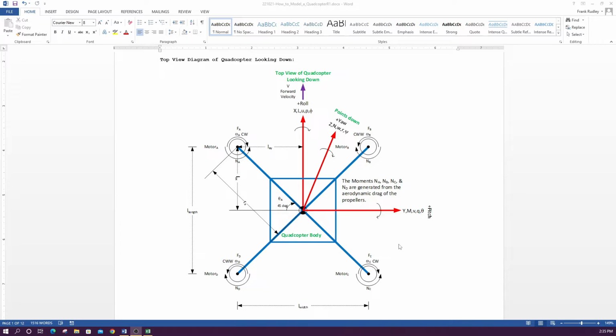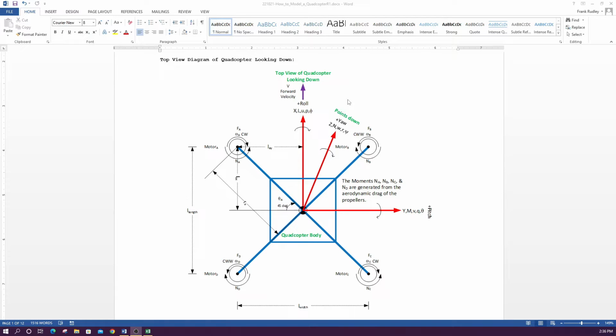Q is our angular rate, called our pitch rate, again positive in this direction. And theta is our pitch angle, where nose up is positive. Phi, theta, and psi are sometimes called the Euler angles.